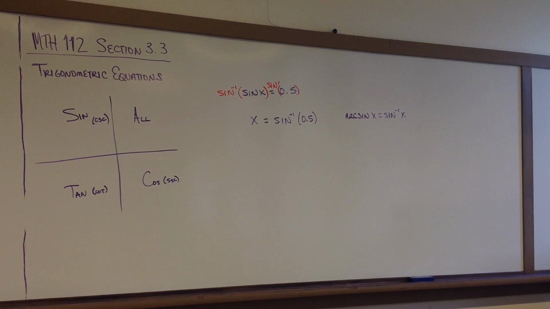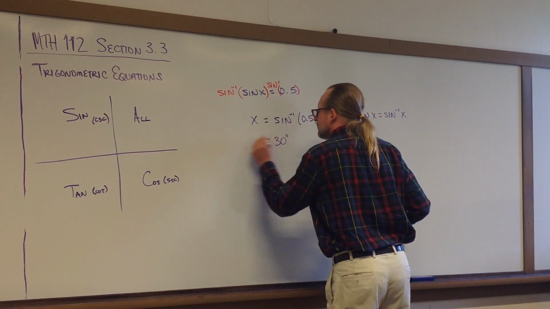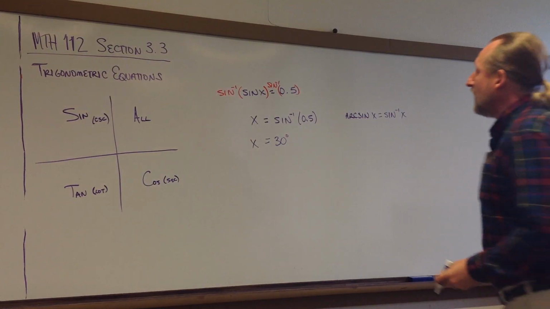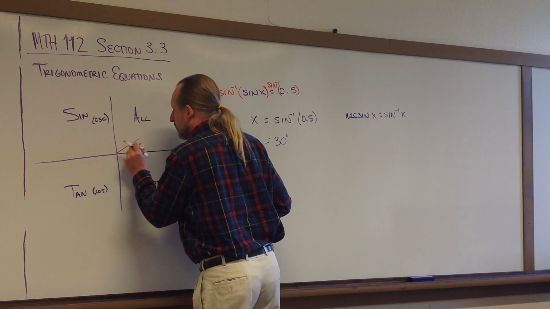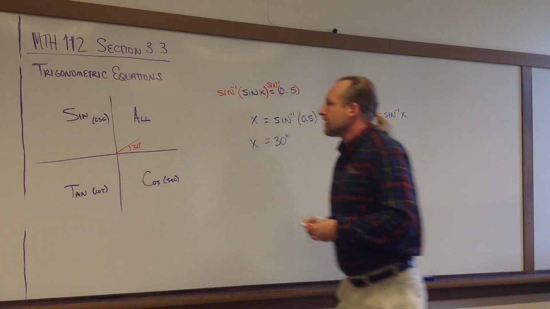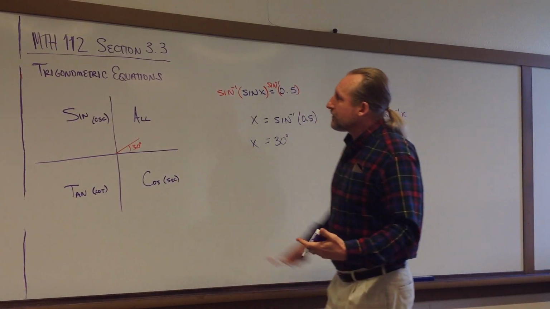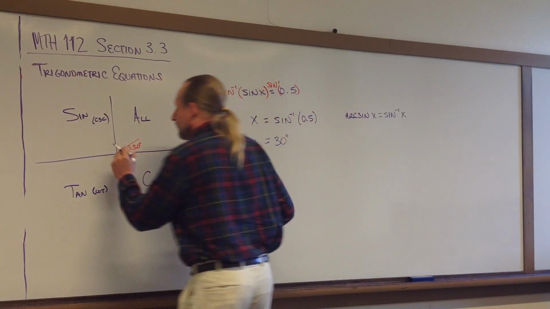So, x is 30 degrees. Well, that's good because we know that the sine function is positive in the first quadrant, and so that x being 30 degrees is going to be one solution to this problem, but there are other quadrants where the sine function is positive, like in the second quadrant.